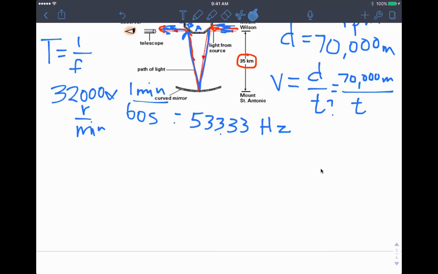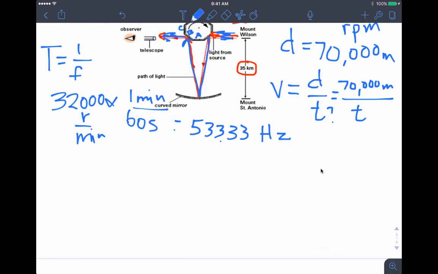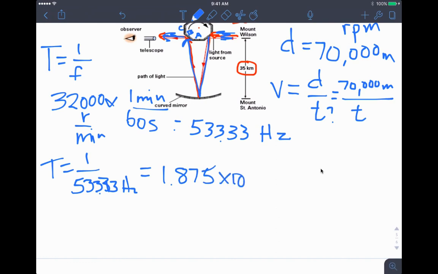So what it means then is I can calculate the period. We basically need to go 1 divided by 533.33 hertz. And we get a period, very small, 1.875 times 10 to the -3 seconds.